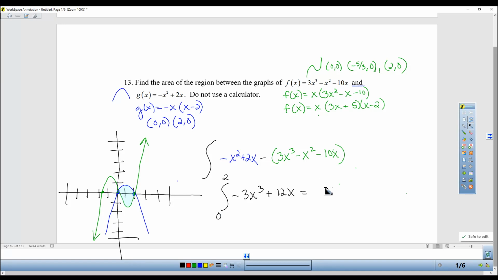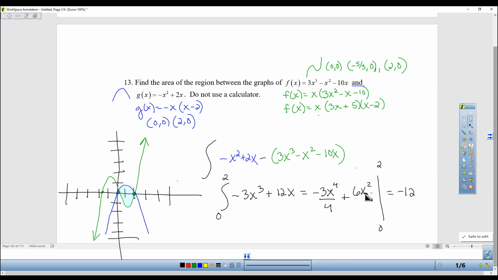When I integrate, I get negative 3x to the 4th over 4 plus 12x squared over 2, which ends up being 6x squared. And I'm going to go from 0 to 2. When I put a 2 in here, I get 16, which divided by 4 is 4 times negative 3 is negative 12.